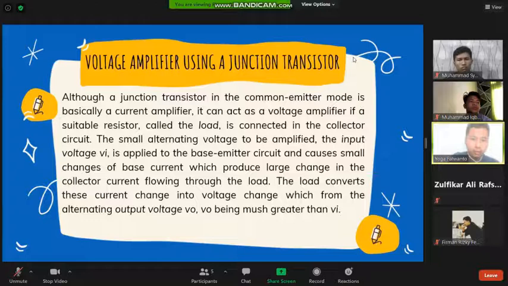The input voltage Vi is applied to the base emitter circuit and causes small change of base current which produces large change in the collector current flowing through the load. The load converts this current change into voltage change, VO being much greater than Vi. Next, please.